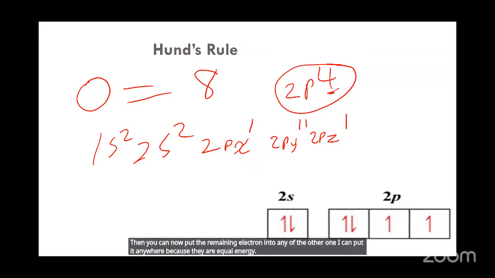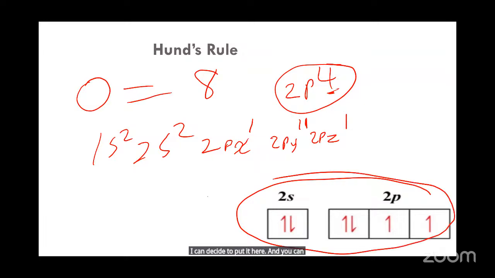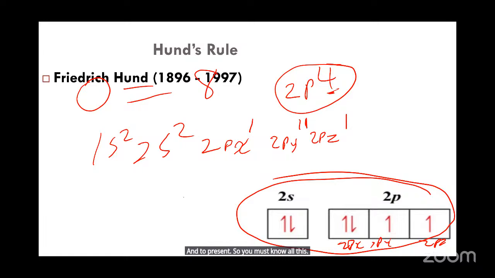I can decide to put it here. And you can also show that by what I've done here. So this will be 2px, 2py, and 2pz. So you must know all this and use that information appropriately.